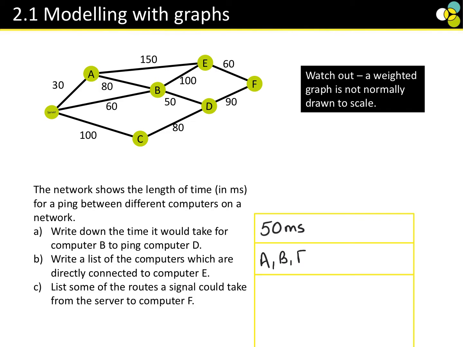A, B, and F. It then says, list some of the routes a signal could take from the server to computer F. So if we're at the server and we're going to F, some of the routes we could have: S, A, E, F. Okay. We could also have from the server, BDF.